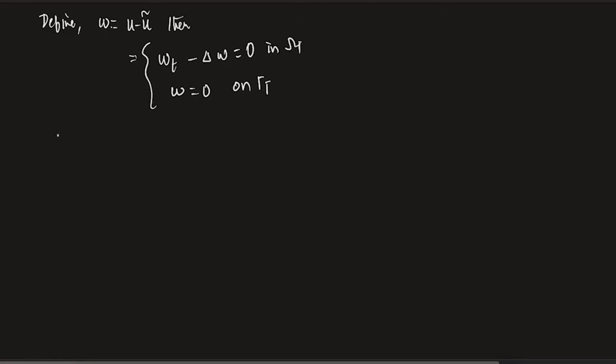Now set the new thing. We set E of t, which is kind of the energy of the system at any time t. It is defined by the integral over Omega of w squared of x, t dx.